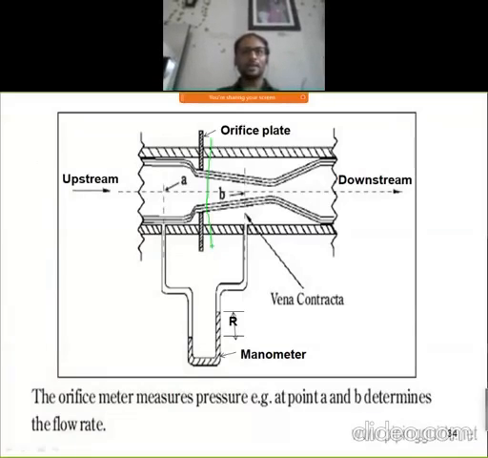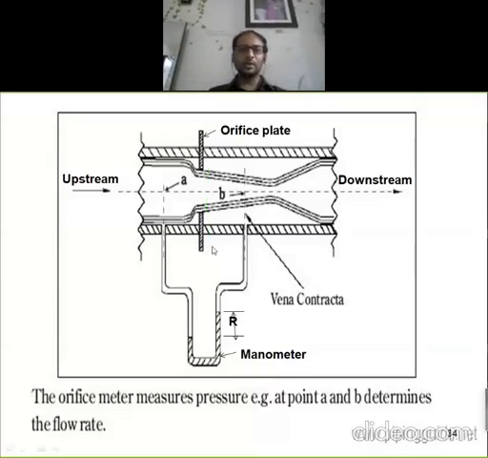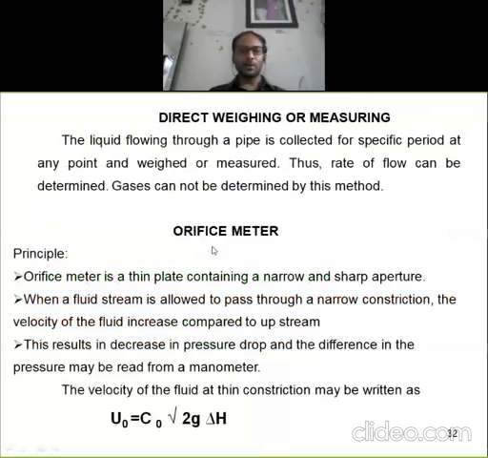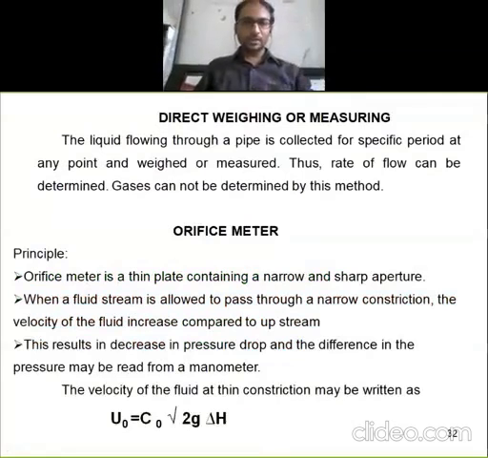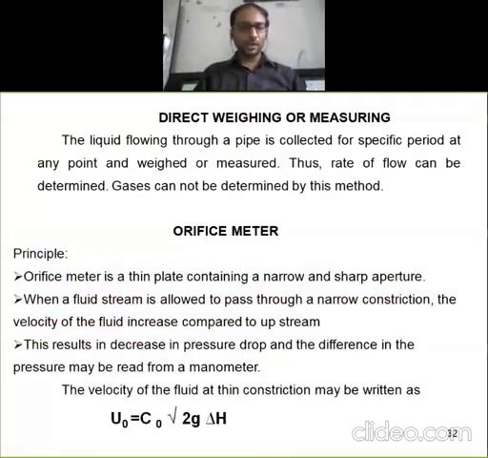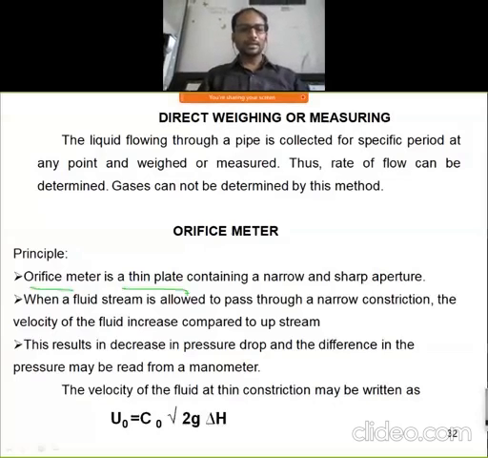So it changes the velocity of the fluid stream inside the tube. There is a change in the velocity and the pressure at point A considerably compared with point B. This change is totally due to the thin plate which is inserted inside the tube.